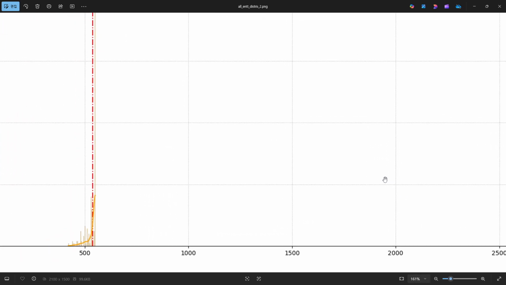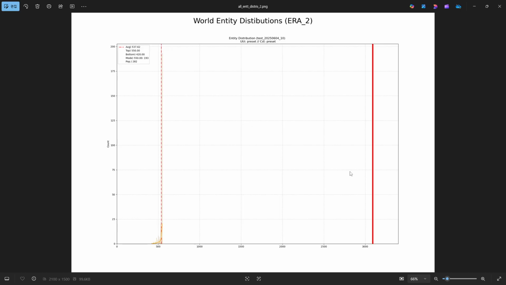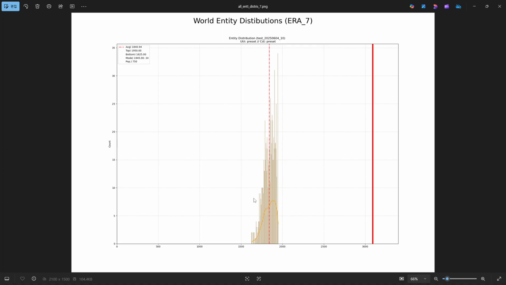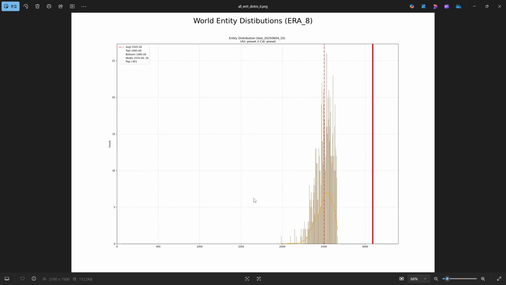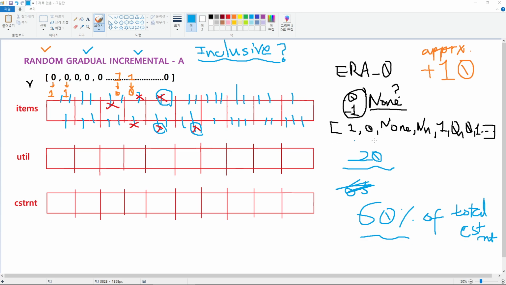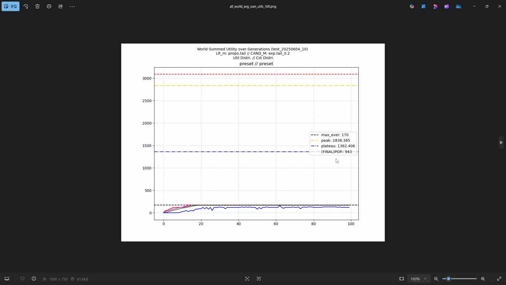Okay. Sorry, my mouse is kind of broken. Fourth era. Fifth. Sixth. Yeah. So it still seems like it's working, but let's have a look at the summed utility values.